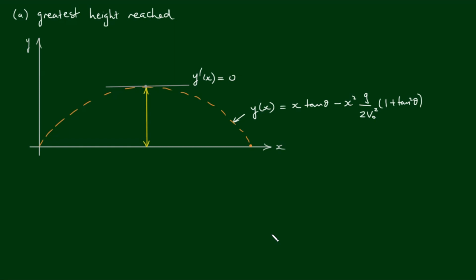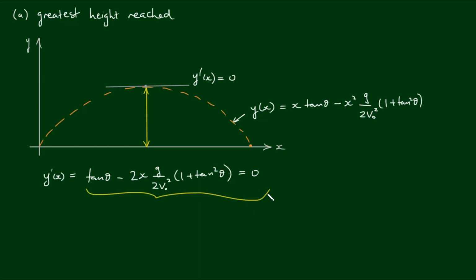So we'll keep going. If we take the derivative with respect to x of the trajectory equation, we get tan theta minus 2 by x by g on 2 v0 squared by 1 plus tan squared theta. And we set this equal to 0, and we want to find the x-coordinate for when this expression holds true.